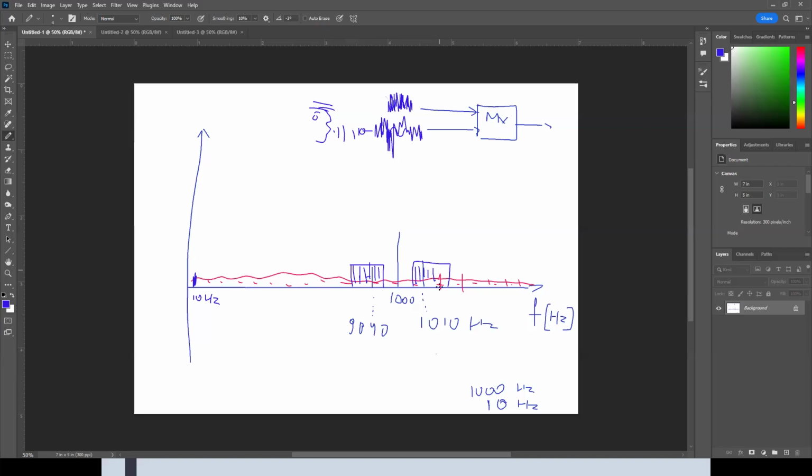I just drew it that way. And there are going to be sums and differences of the main big frequency plus all the frequencies, each and every one that is going to add and subtract from it. So we're going to have something that's called sidebands. All right.